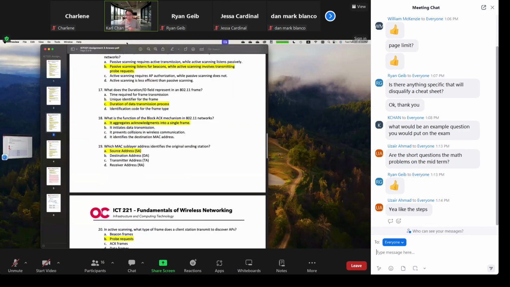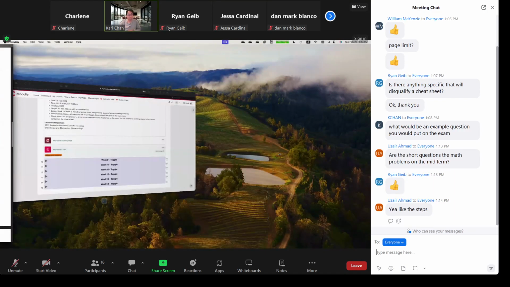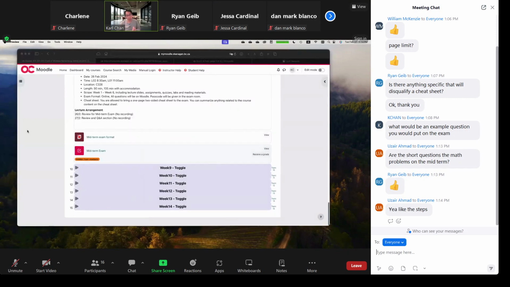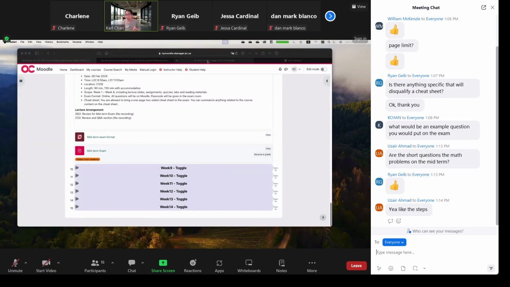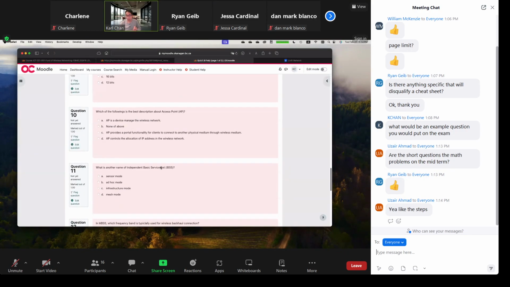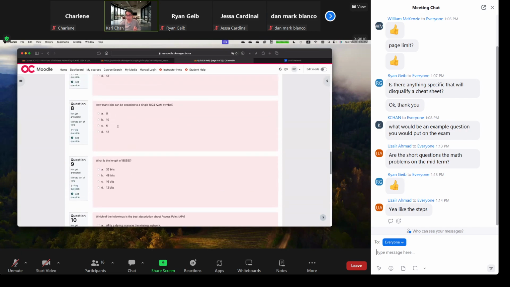But if you see some calculation questions in MC, like in our quiz, for example, how many bits can be encoded to a single symbol, you can calculate it, but you don't need to show the steps because it's an MC, right?